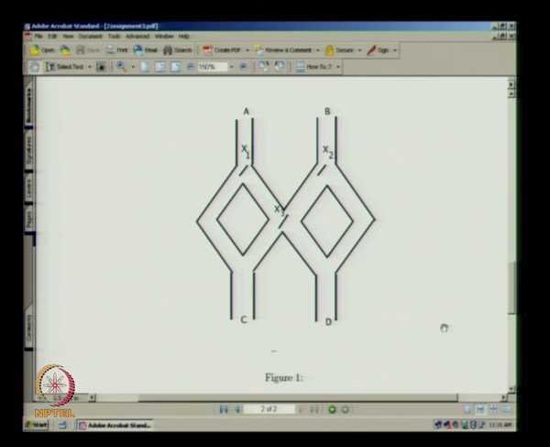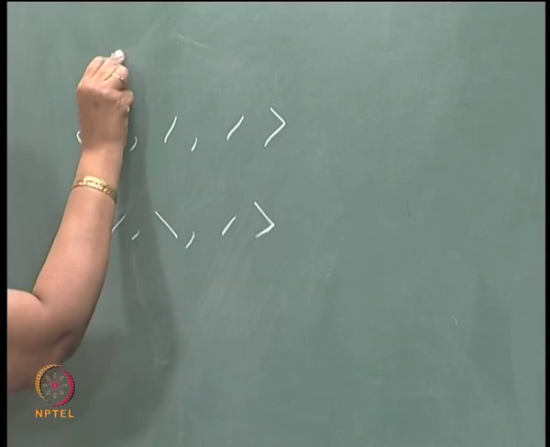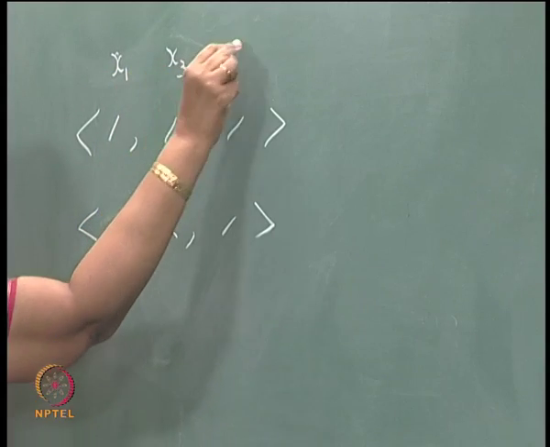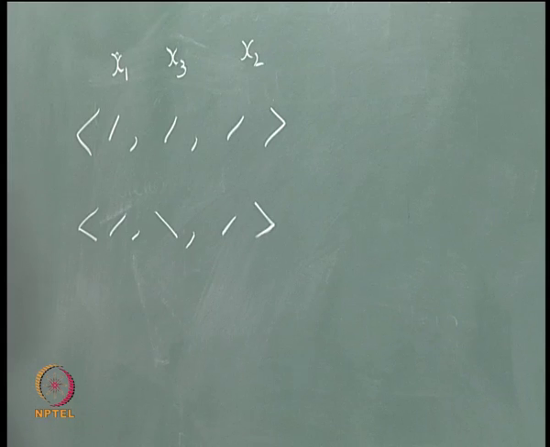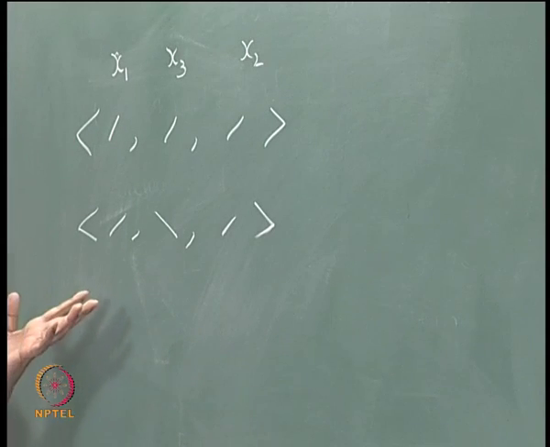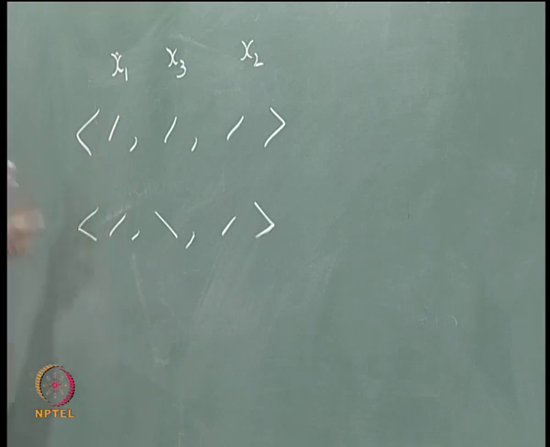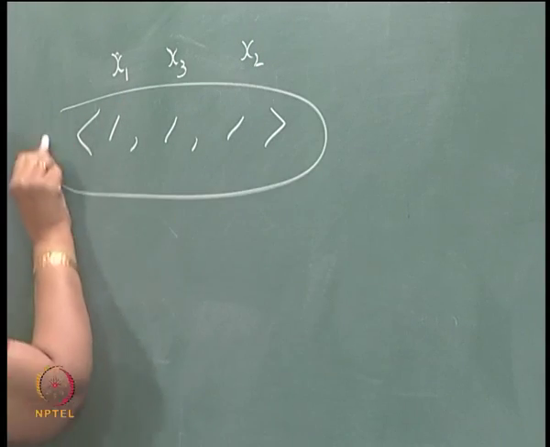I will call them x1's position, x3, x2, the middle one is x3. So, I will call it x1, x3. Either way you can change the order, it does not matter. So, how many possible states can there be? Each one can be this or that, so 8 possible states will be there. Initial ID is the initial position in which it starts, this will be the initial state.